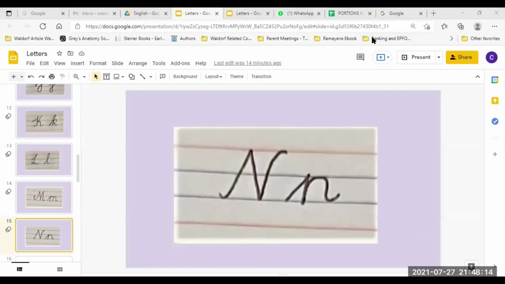The letters are A, B, C, D, E, F, G, H, I, J, K, L and M. The sounds of all these letters are A, B, K, D, E, F, G, H, E, J, K, L, M. Okay, we shall see the rest of the letters in the next class. Thank you, children.